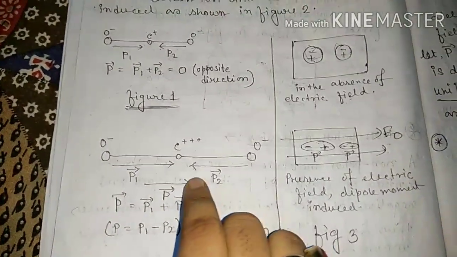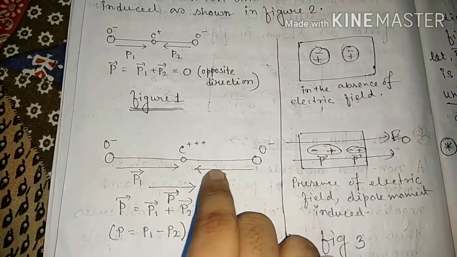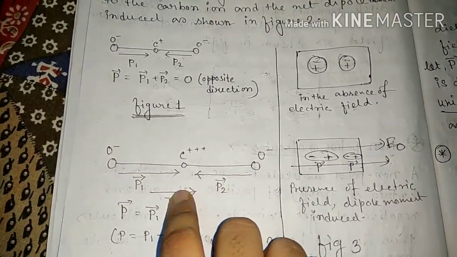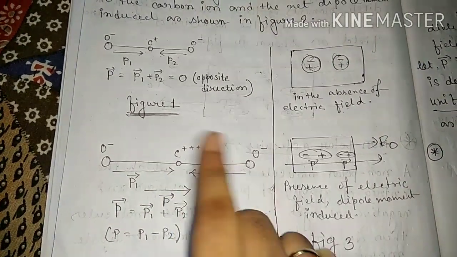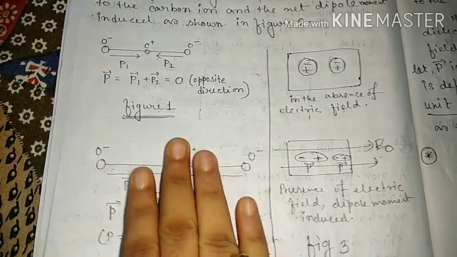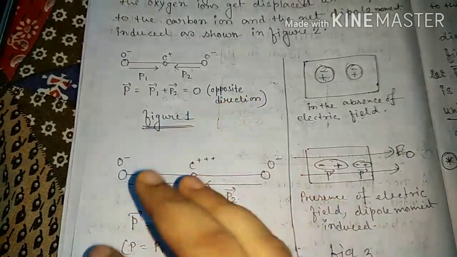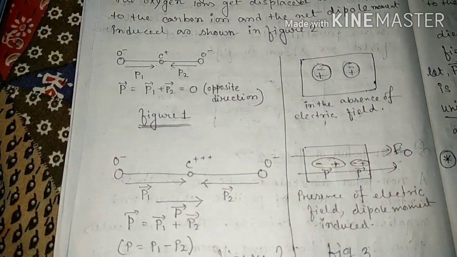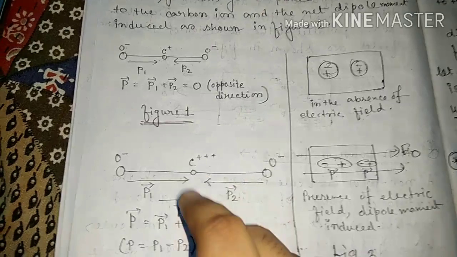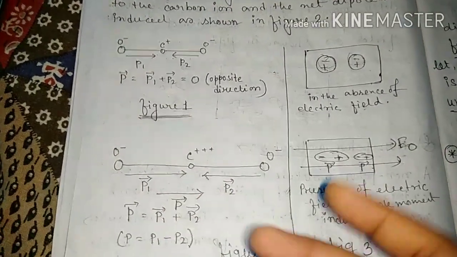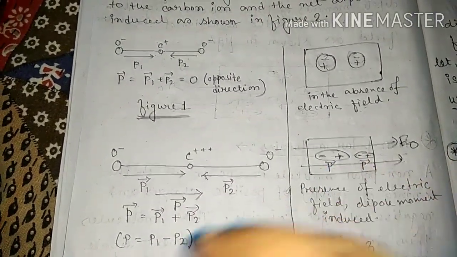Then you will understand why P1 and P2 are the same, and how we get this P1. If we consider the example of CO2, a non-polar molecule, after placing it inside an external electric field, how do we get the polarized dipole moment after polarization?